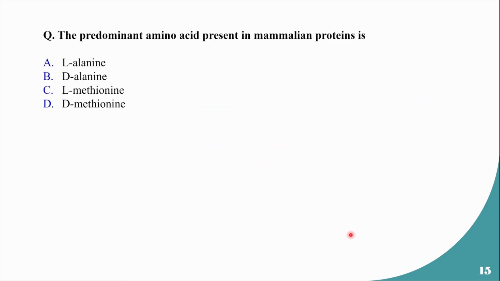Another question here asks which amino acid is predominantly present in mammalian proteins. Is it L-alanine? Is it D-alanine? Is it L-methionine? Is it D-methionine? Okay, I see a hand in the chat. You could unmute yourself and ask if you have any questions.